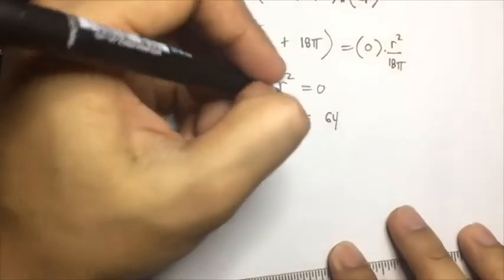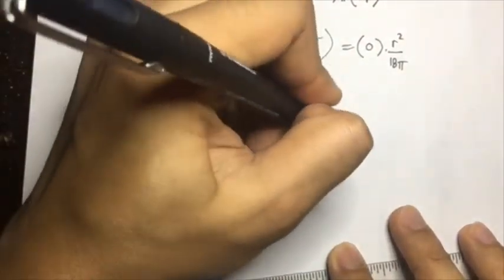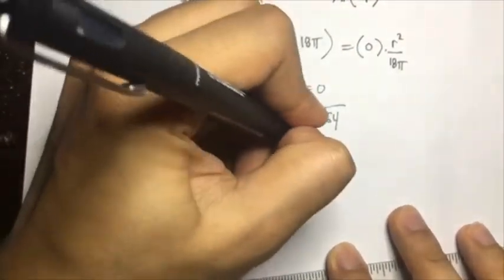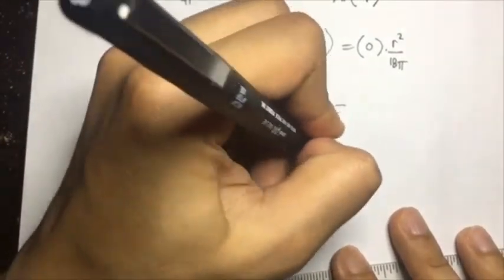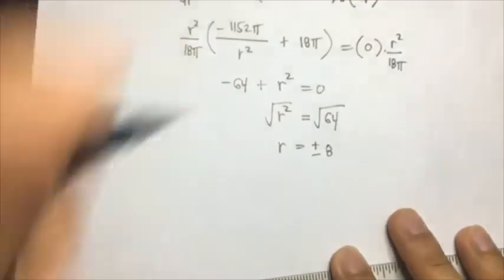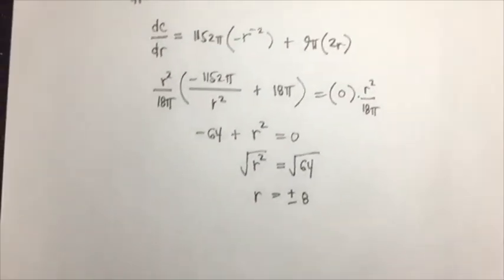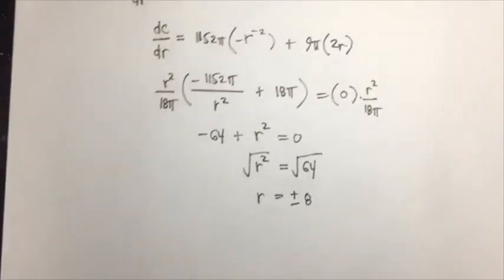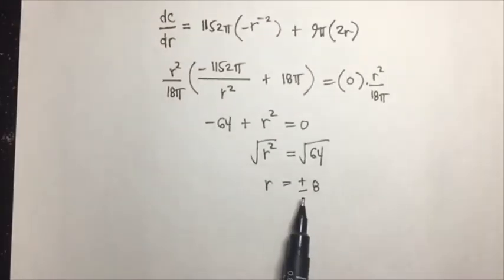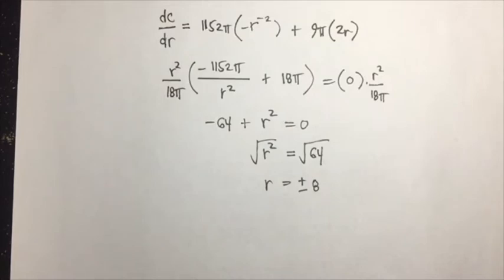Taking the square root of both sides, r will become positive or negative 8. But since this is a geometric problem, a negative dimension will be insensible.